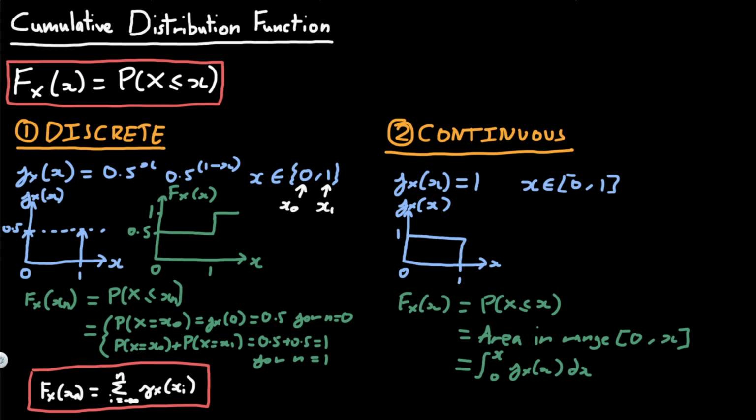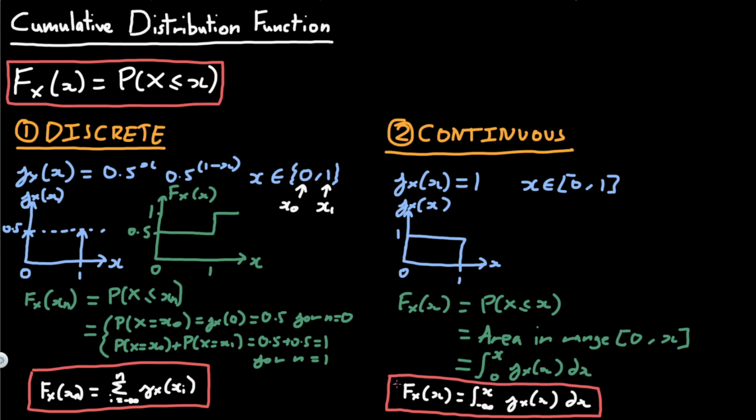And again, because we want to show the general case, we can see how this translates to the integral from minus infinity to x of the density function. And again, I'm going to box this. And that is the case for the continuous function.